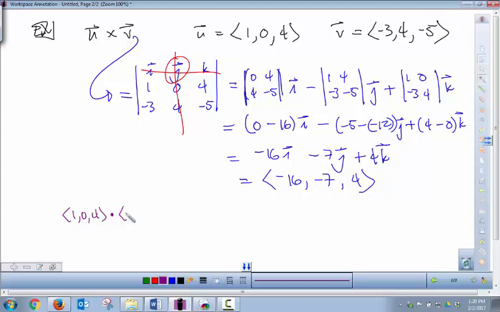If you dot one of the vectors that you cross with the result of the cross product, there's something interesting that happens. So this is equal to, what is it, negative 16 plus 0. Remember, the dot product gives you a scalar, right? Negative 16 plus 0. 4 times 4 is 16. So it seems like it might be a coincidence. Let's try the other one.